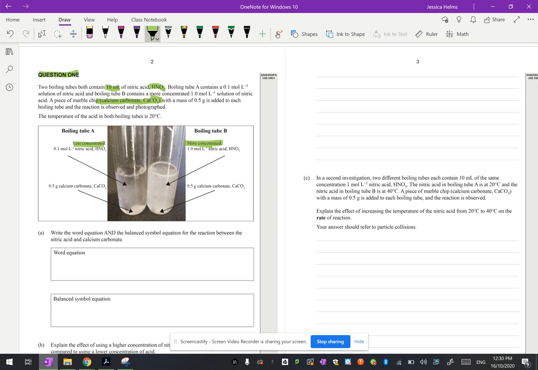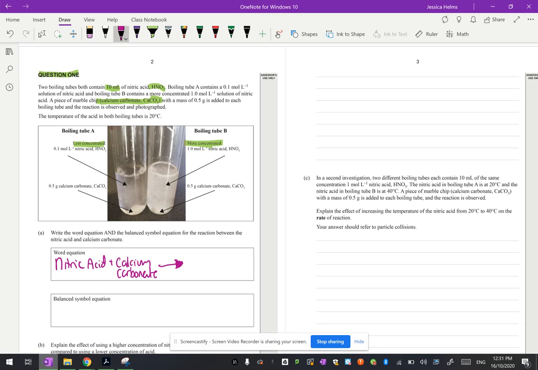Okay, so the first question says write a word equation and a balanced symbol equation for the reaction between nitric acid and calcium carbonate. First of all, the reactants here are nitric acid and calcium carbonate. Now, this is a neutralization reaction, which pretty much all the reactions that we talk about in this course are.